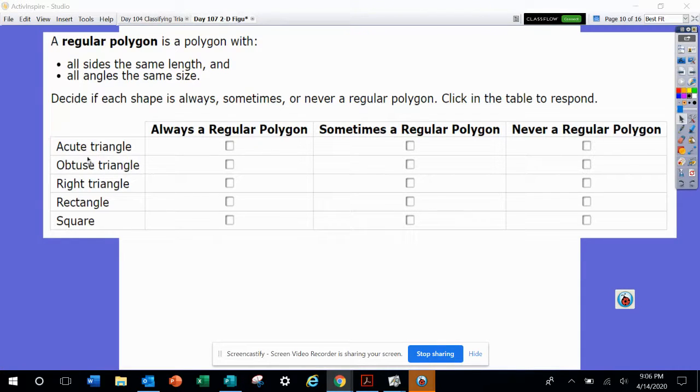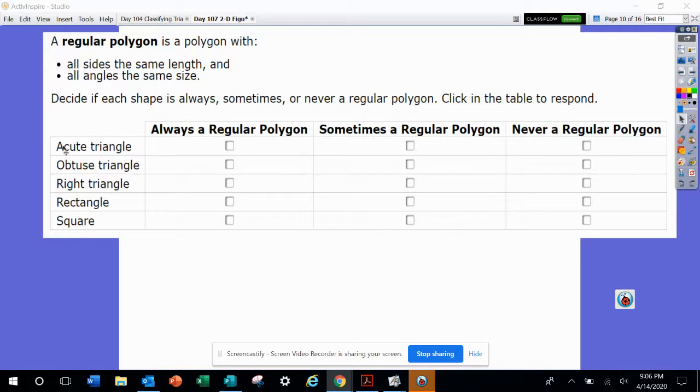So we're going to determine if an acute triangle is always a regular polygon, sometimes a regular polygon, or never a regular polygon. Well, let's see. A regular polygon has all the same side lengths and all the angles are the same. So congruent sides, congruent angles.